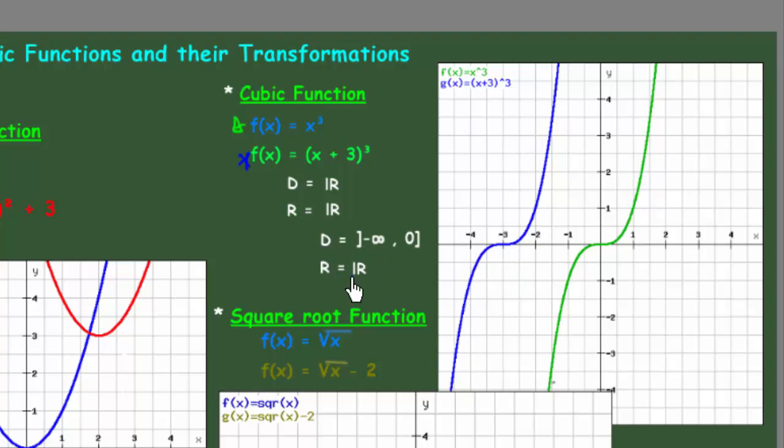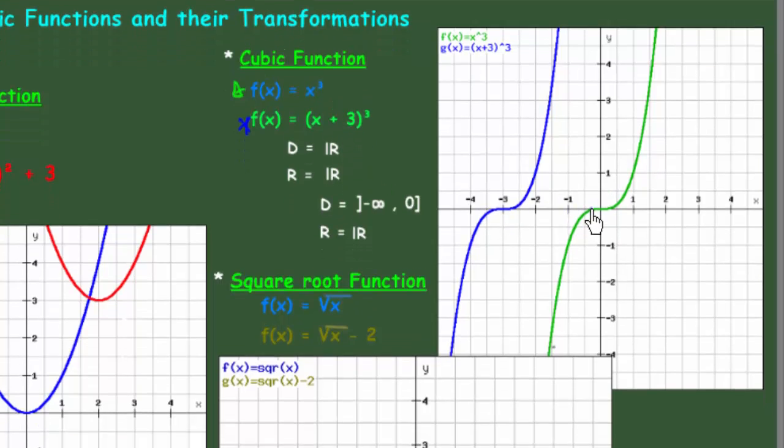Its domain is, because the function is not crossing the origin here, from minus infinity to 0, and that's what we got here. And its range, of course, is the same as the range of the other function. You can see the two functions are parallel, and the distance between both is 3. That's how the function is shifted.